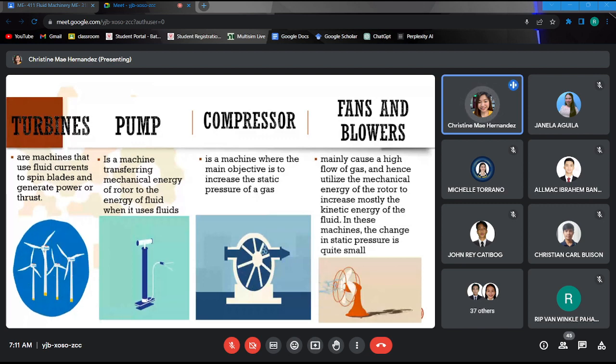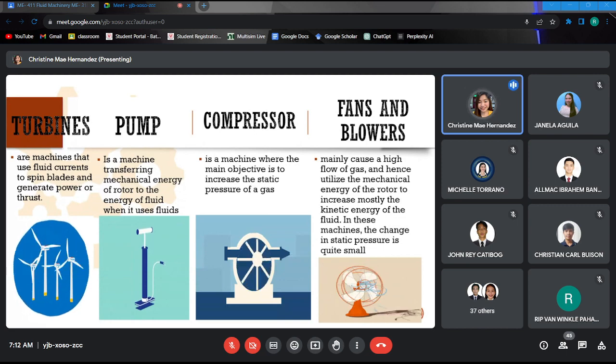A compressor is a machine where the main objective is to increase the static pressure of a gas. Compressors and pumps are similar. The main action of a pump and compressor is to pressurize and transport liquid. The main distinction between the two is that the focus of a compressor is to change the density or the volume of the fluid, which is mostly only achievable with gases.